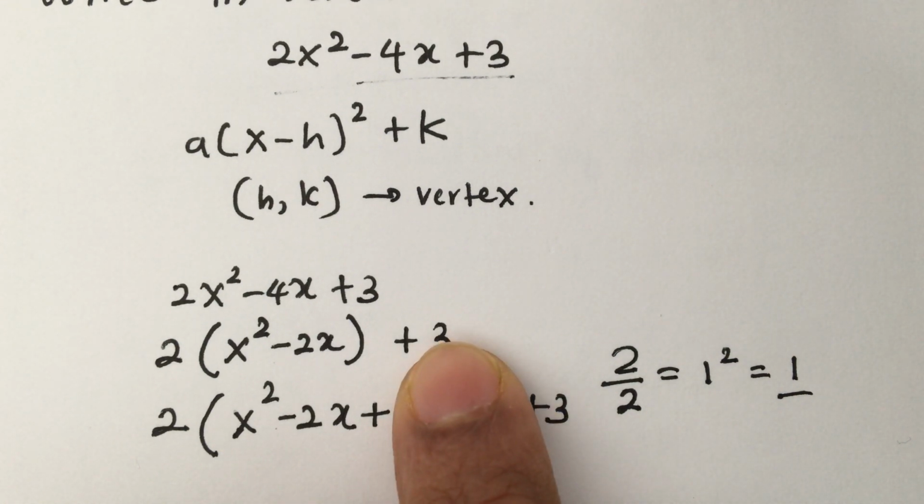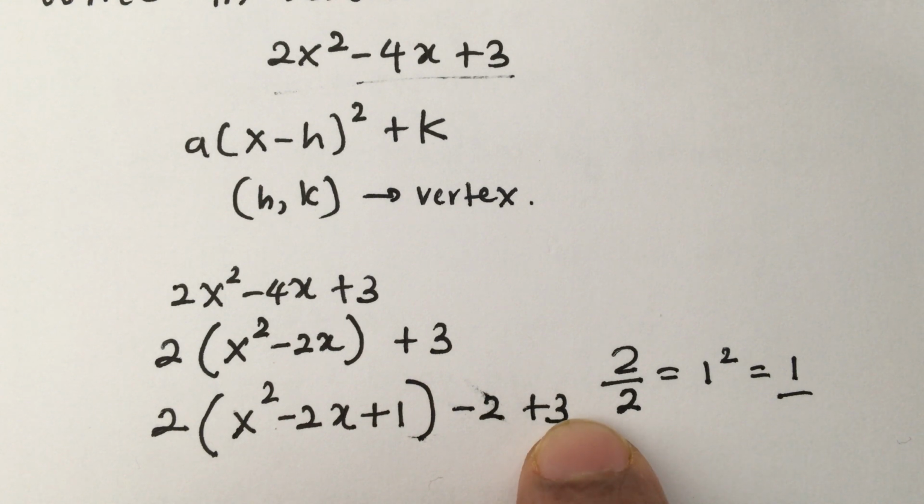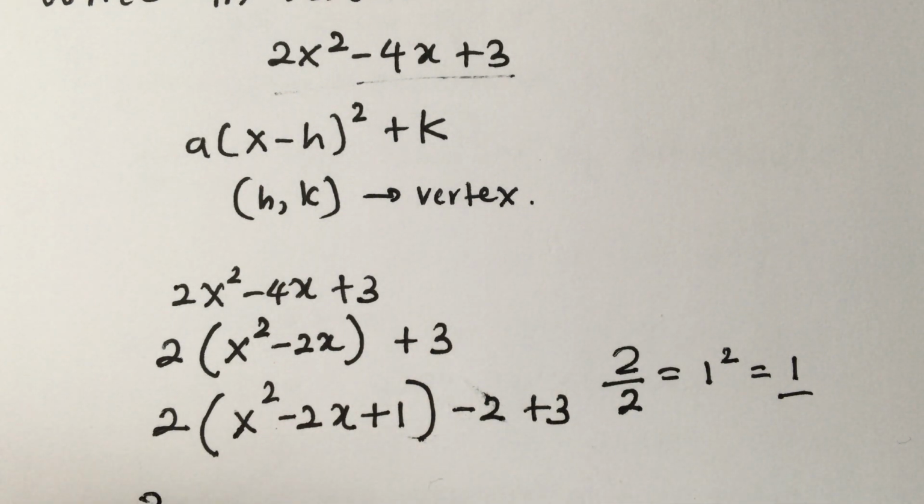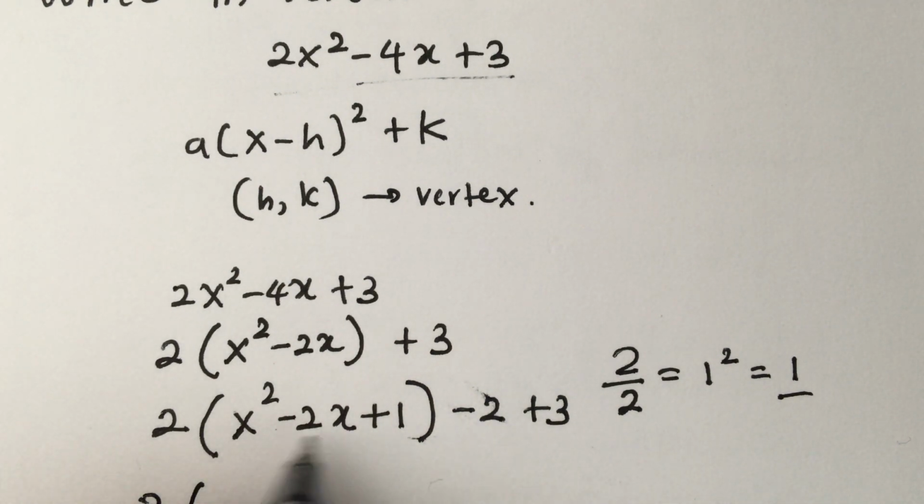And then since you have positive 3 here, it's over here now. So how do you factor this one? x and x here. What is the sign here? You have positive 1, right?